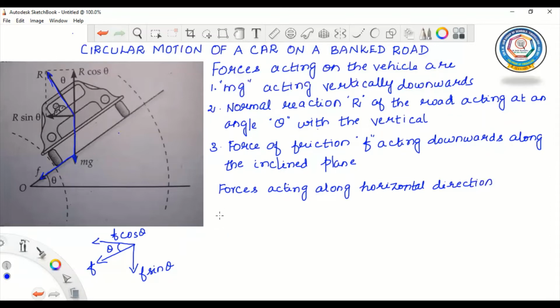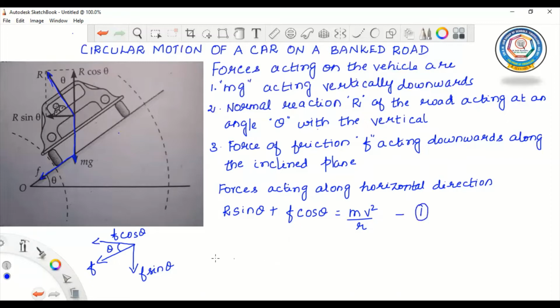Here you have R sin theta plus F cos theta is equal to mv square by r. Already I told you that the horizontal component of the normal reaction provides the necessary centripetal force. Let us consider this as our equation number 1.